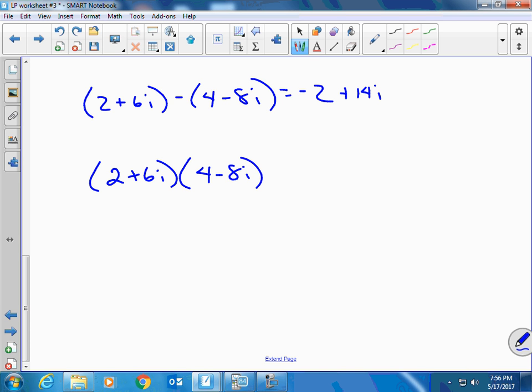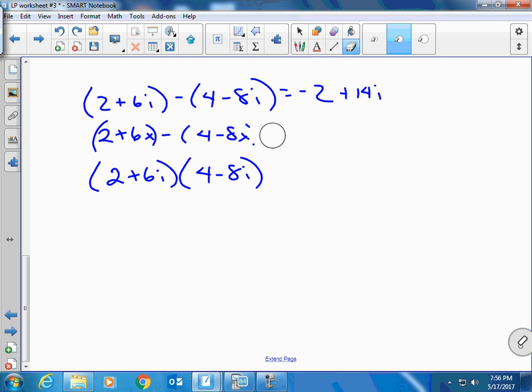If this was 2 plus 6x times 4 minus 8x, you do the like terms, right? It's kind of the same idea. I can treat the i basically like any other variable. Okay, and I'm going to tweak that a little bit in a second, so don't just stop my recording right now and run off and say, oh, it's just like any other variable. I'm going to tweak that here in just a second.